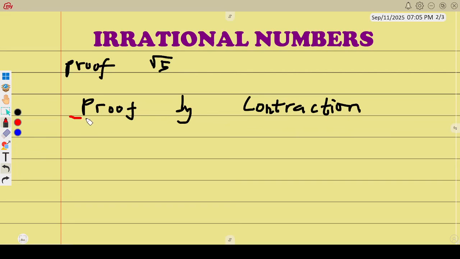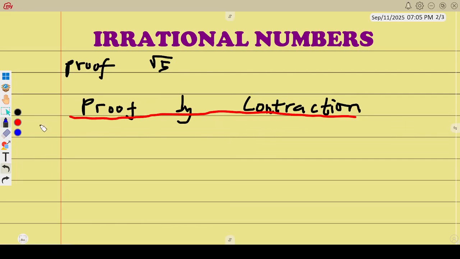So videos on mathematical induction, you can check them out. So we prove irrational numbers by this proof by contradiction. This is where we're going to assume that a number is rational, and then we're going to prove whether it's truly rational or what.